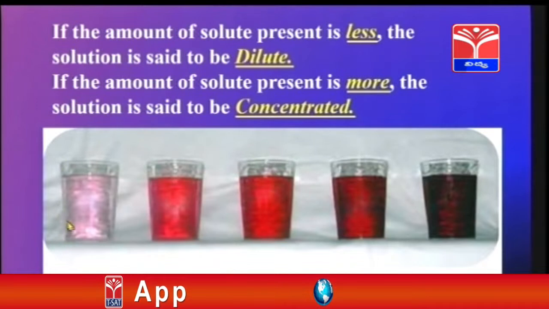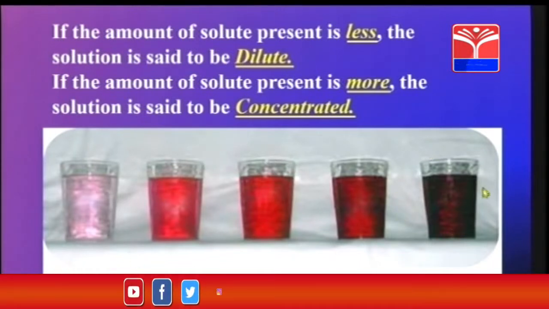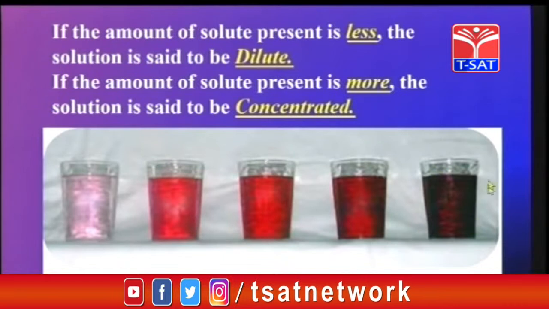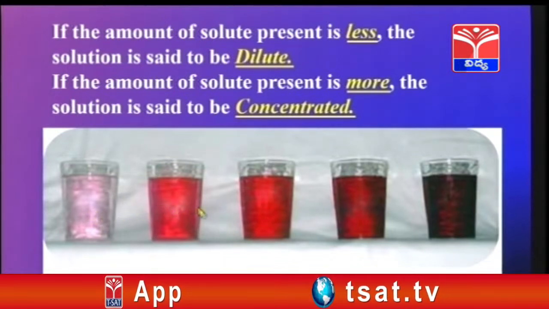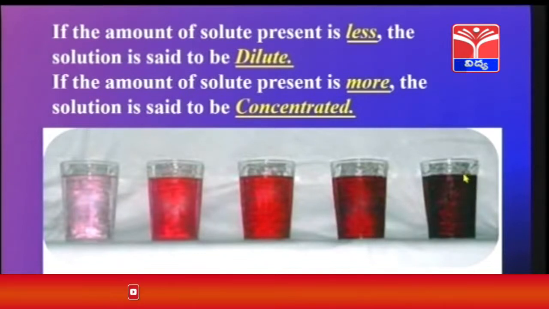The solution which has less solute is called a dilute solution, and the solution in which we have added more drops of ink is called a concentrated solution. So as the amount of solute increases, the dilute solution becomes a concentrated solution.